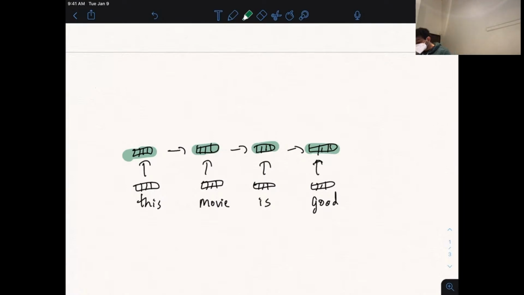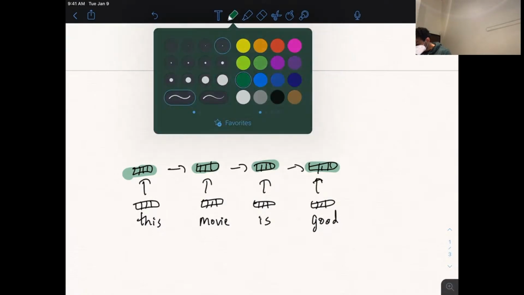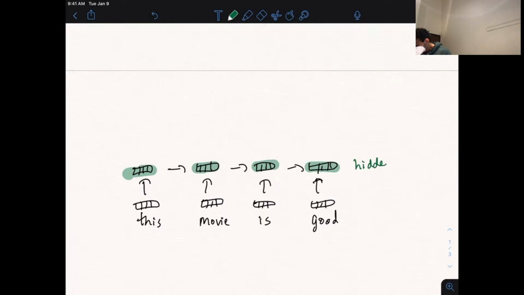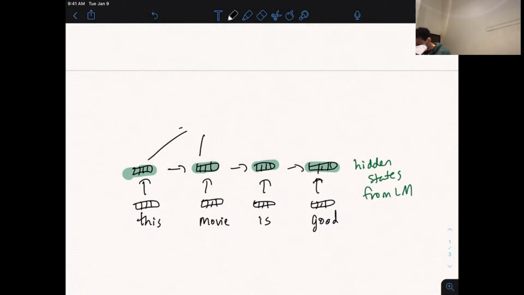So if I'm able to extract all of these states, these are the hidden states from LM. Then I can put these hidden states into a sentiment model. So we can call this a sentiment NN.